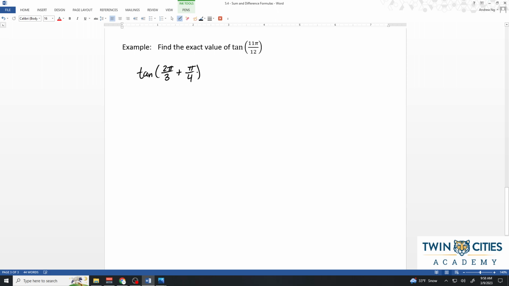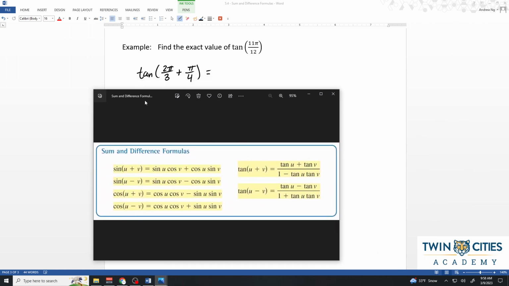So u plus v. Let's bring over my formula sheet. Tangent of u plus v is going to be equal to tangent of u plus tangent of v. So that'll be tangent of 2 pi over 3 plus tangent of pi over 4 all over 1 minus tangent of 2 pi over 3 times tangent of pi over 4. Okay, so this one plus this one all over 1 minus this one times this one.